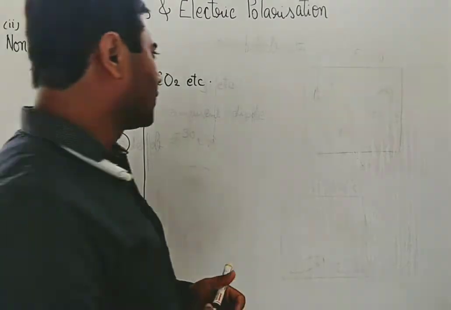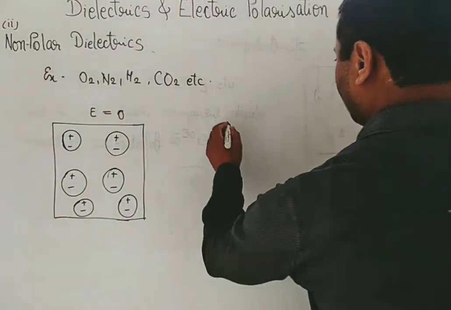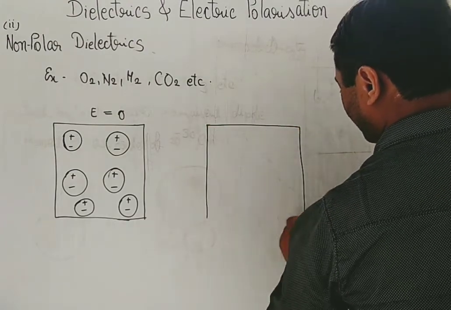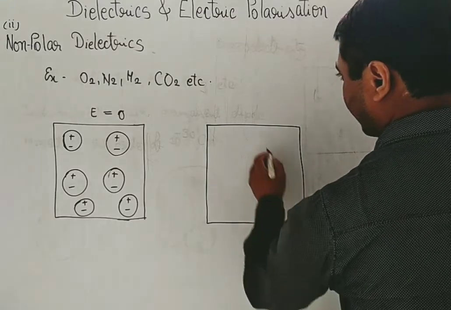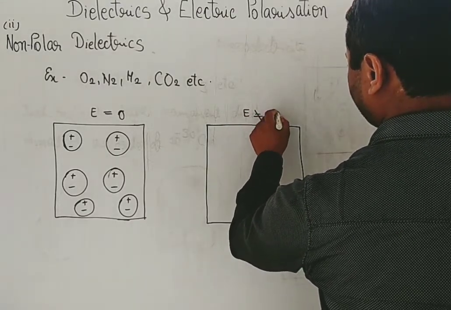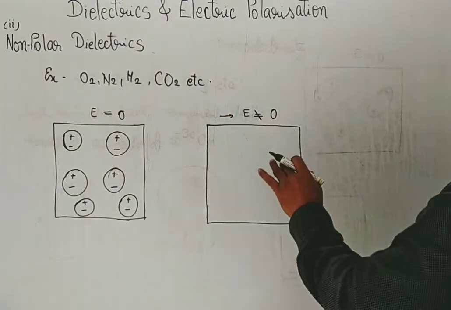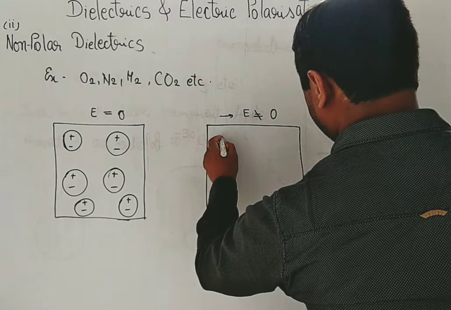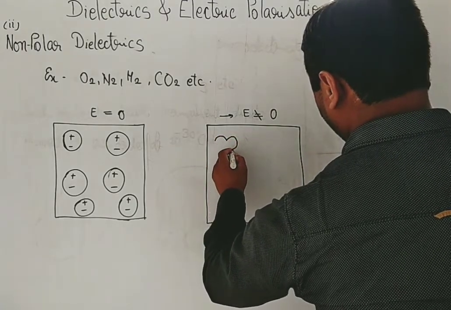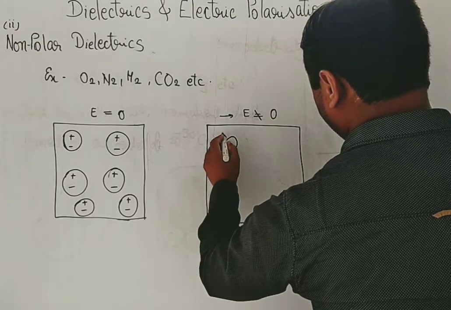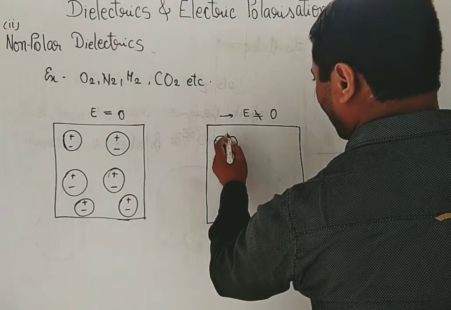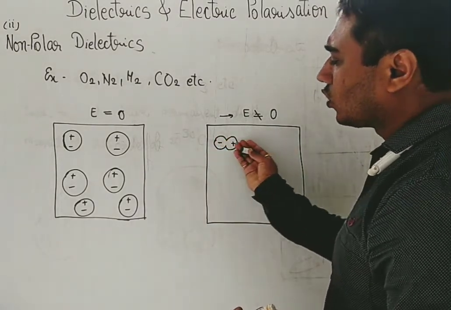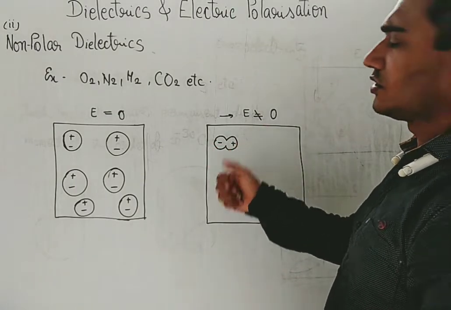So let's see how this works. When such a specimen is exposed to a non-zero external electric field, the electric field tries to pull the center of gravity of positive charge along its own direction and the center of gravity of negative charge opposite to the direction of the external electric field.